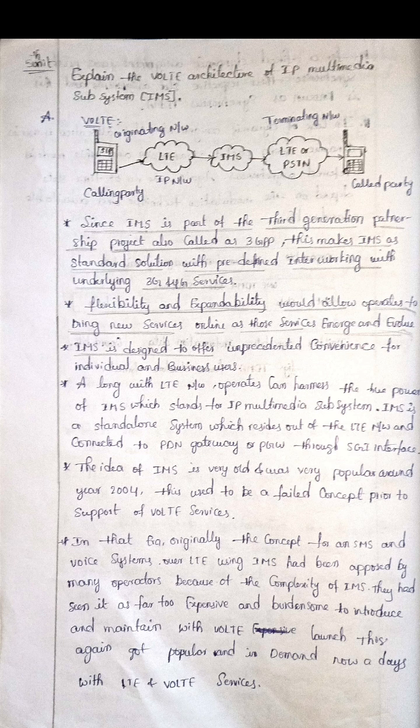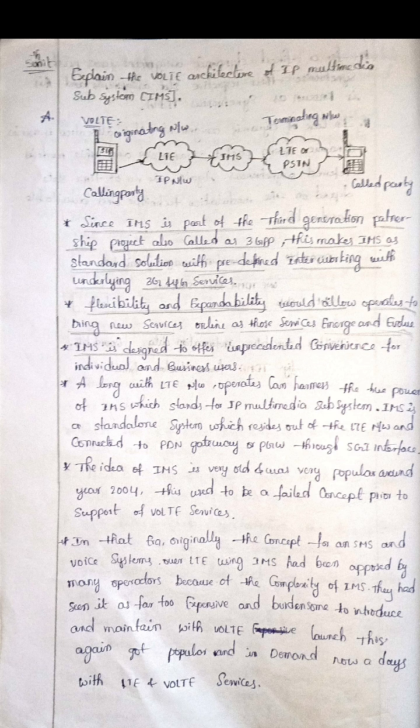IMS is a standalone system which resides outside of the LTE network and is connected to the PDN gateway or PGW through the SGi interface. The idea of IMS is very old, and was popular in the year 2004. It used to be a failed concept prior to support of VoLTE services. VoLTE means voice over long-term evolution services.